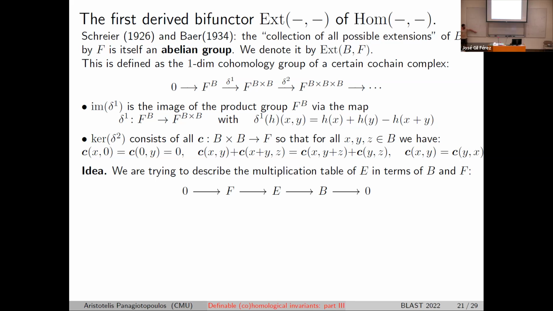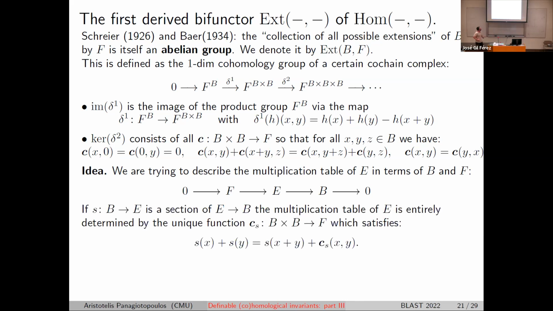Assuming that I have such a section, I can describe how multiplication works here, using a map which looks very much like the one in the second bullet.